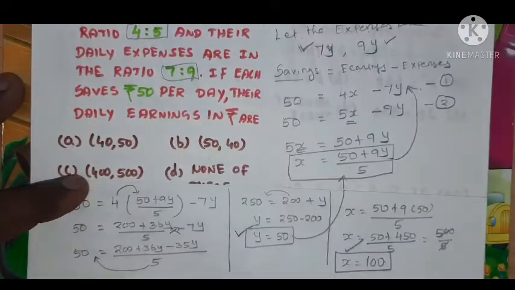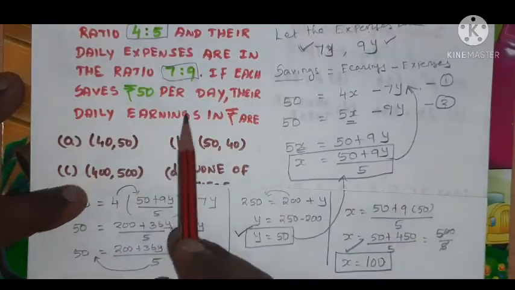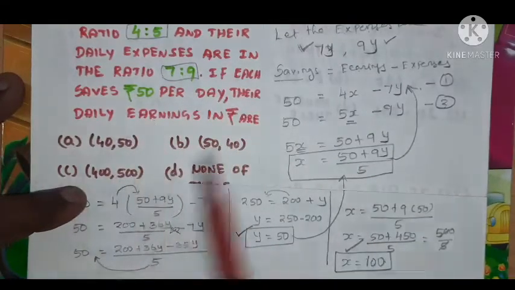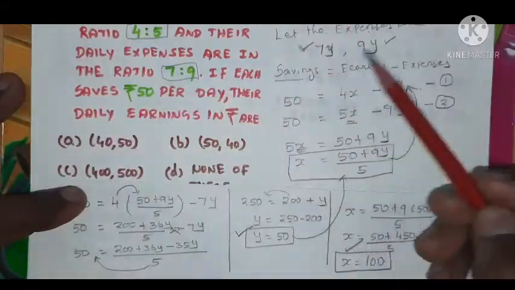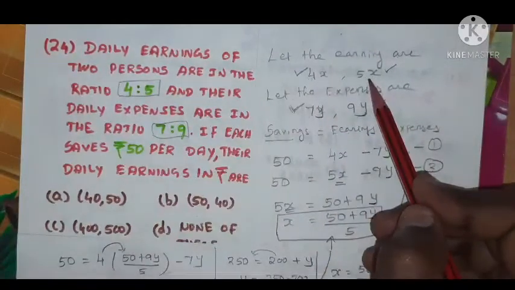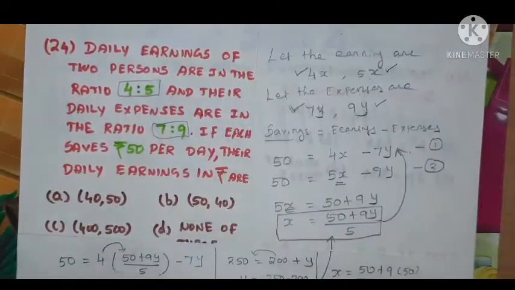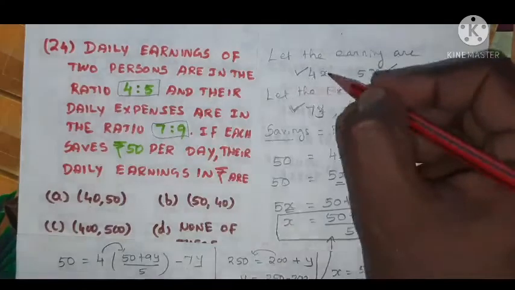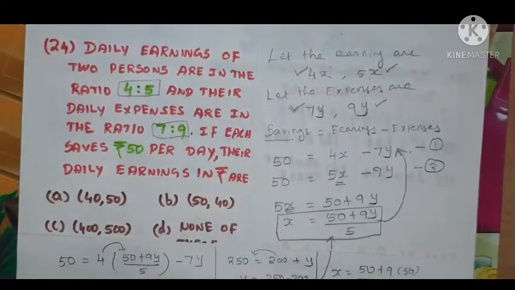Now they are asking us to find out their daily earnings. So the earnings of those two persons are 4x and 5x. So now substitute the value of x over here, then we'll get the answer.